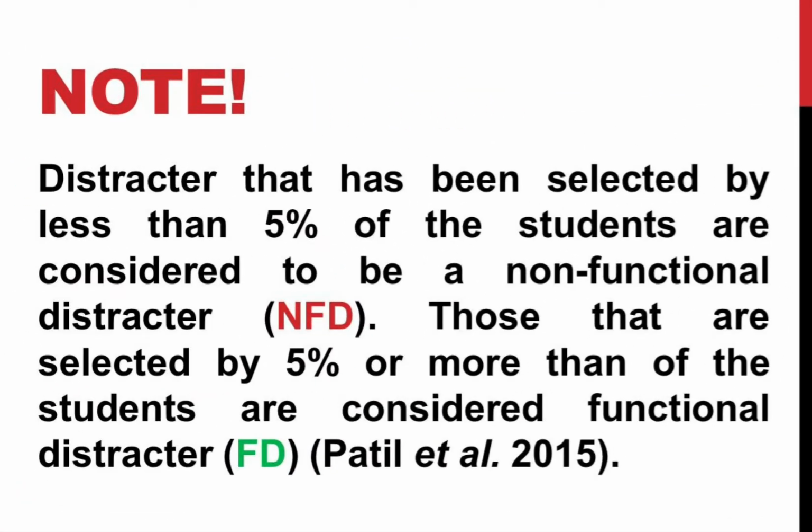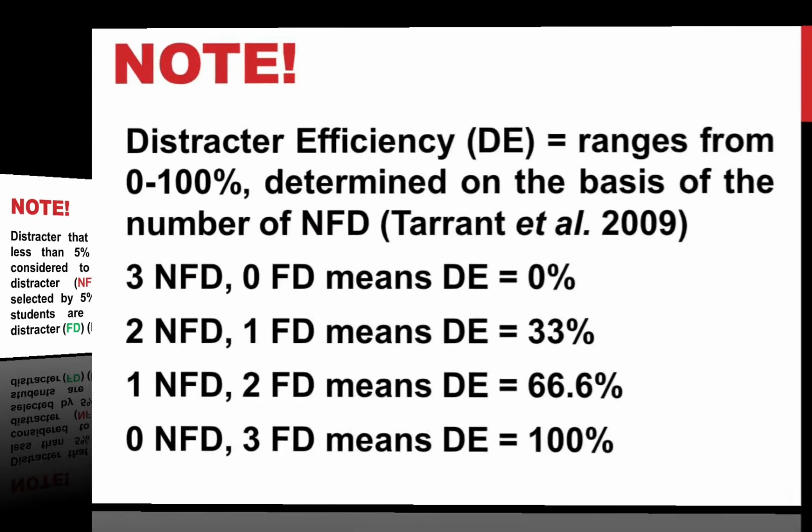As we delve into distractor analysis, we have to note that a distractor that has been selected by less than 5% of the students is considered to be a non-functional distractor, while those that are selected by 5% or more of the students are considered to be functional distractors.